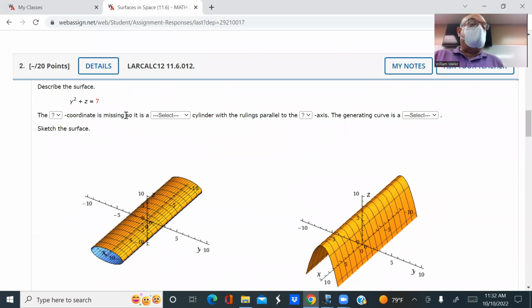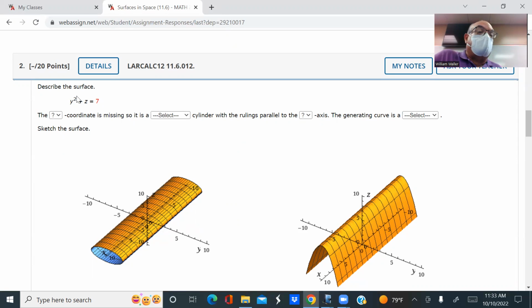And those are equations where you're missing one of the variables. Like here we're missing x, so that means that this surface, since it's missing x, is going to extend along the x-axis.